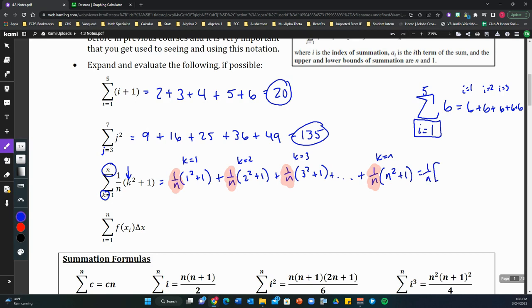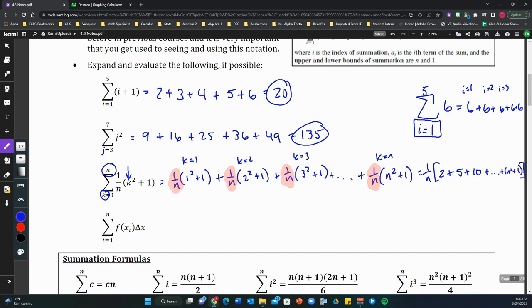So we would have 1 over n that we take out from everything, and then this term would be 1 squared plus 1 is 2, plus 2 squared plus 1 is 5, and then 3 squared plus 1 is 10, and so on, all the way up until this very last term, which would be just n squared plus 1.